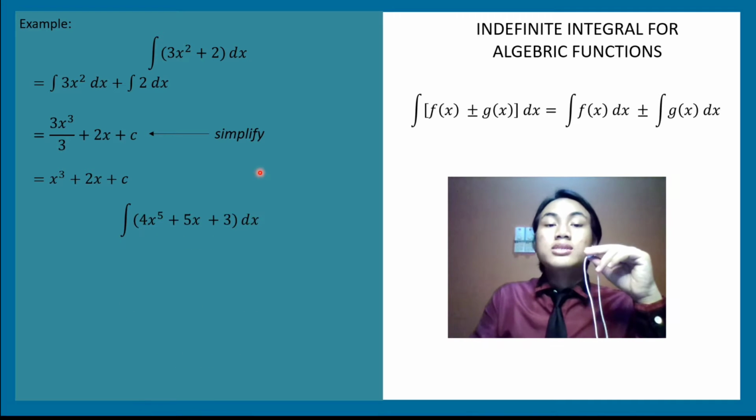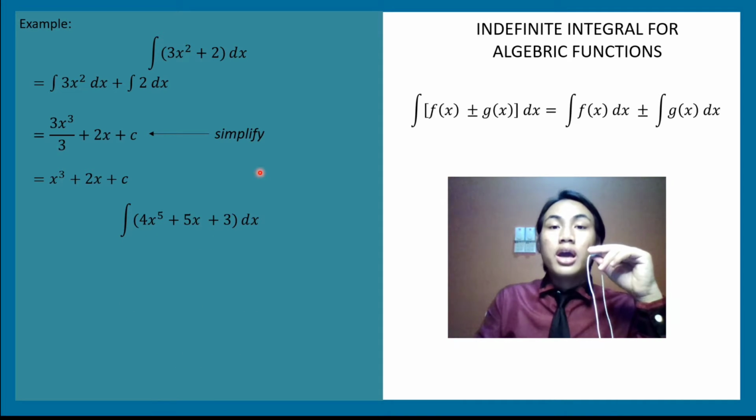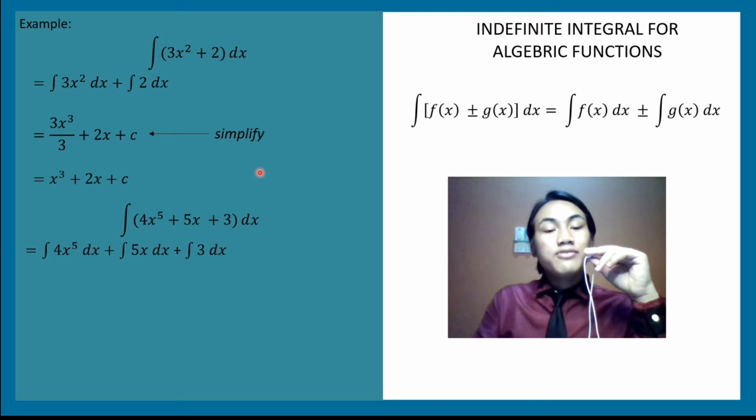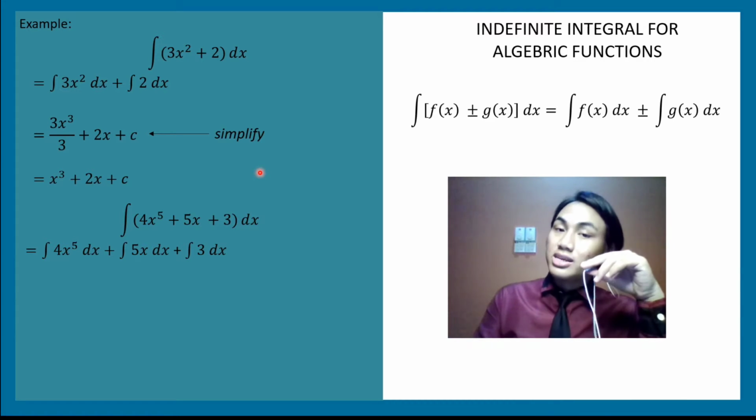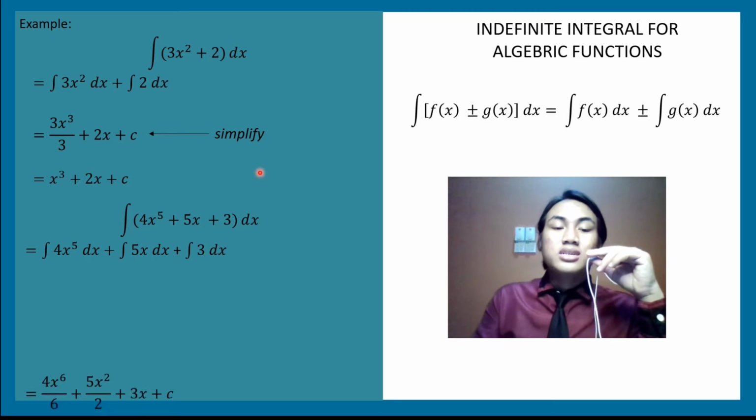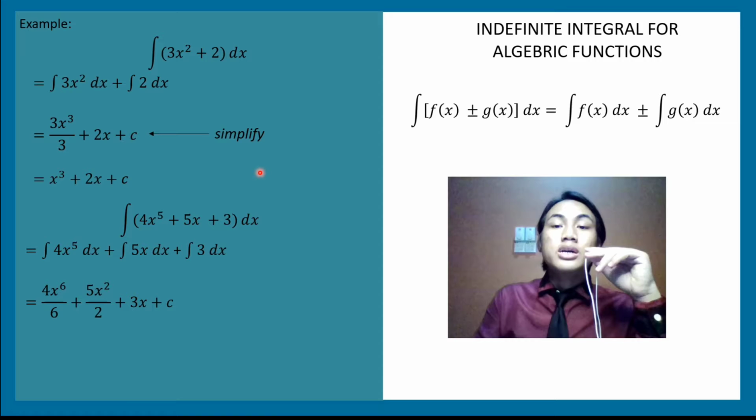Our next example is integrate 4s to the power of 5 plus 5s plus 3 ds. Following the rules, we separate it: integrate 4s to the power of 5 ds plus integrate 5s ds plus integrate 3 ds. Following the rules of integration, the power is plus 1 and then divided by the power plus 1.